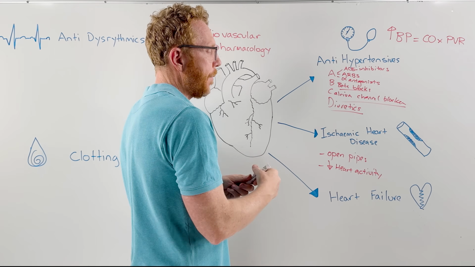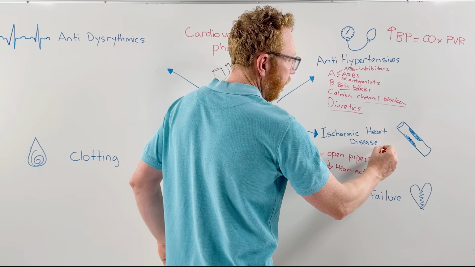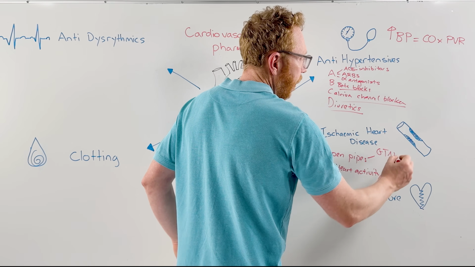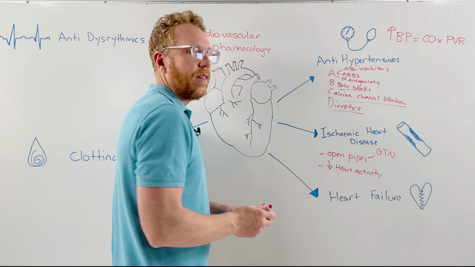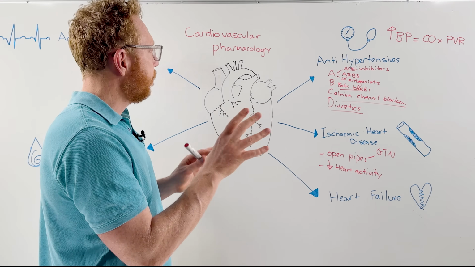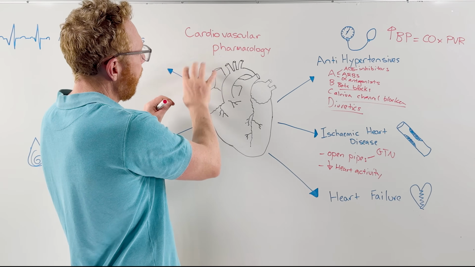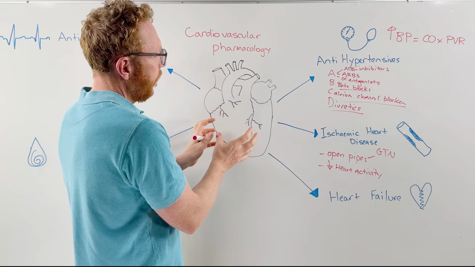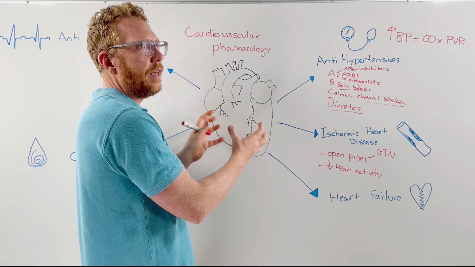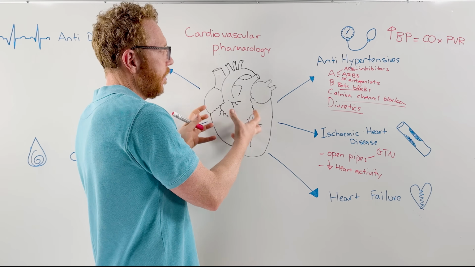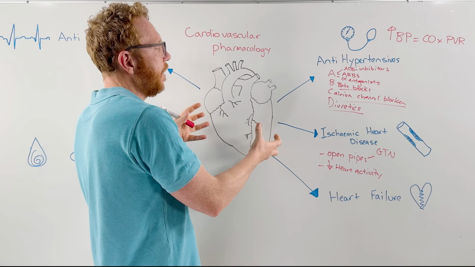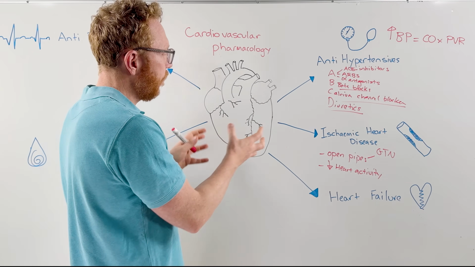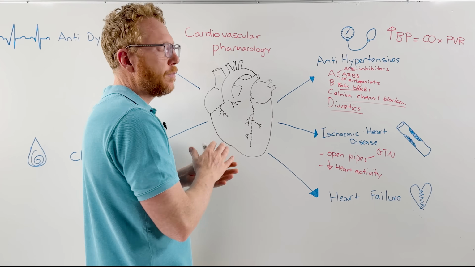So opening the pipes, one good example is GTN. So glyceryl trinitrate, this is a nitrate. What it does is probably three main things. It dilates the vessels coming into the heart, decreasing the preload, therefore decreasing the forcefulness or the demand that the heart has. So if it doesn't need to work as hard, it doesn't need as much oxygen.